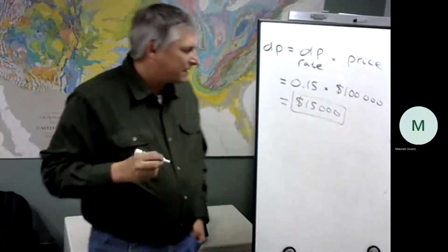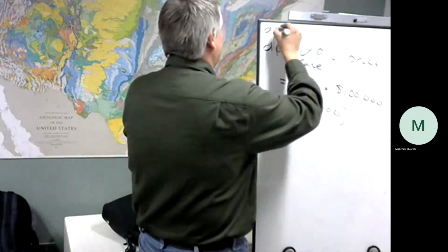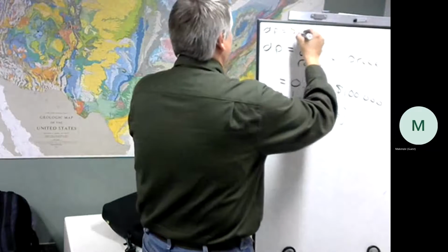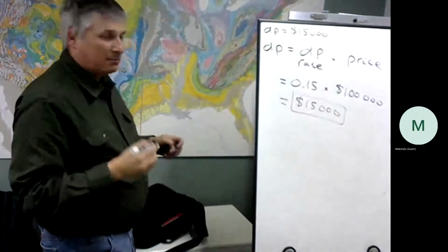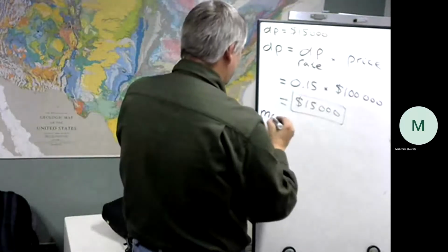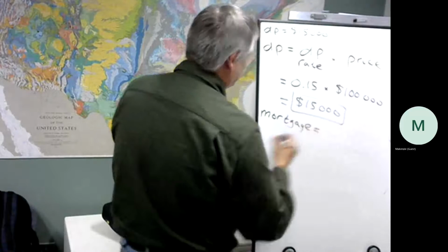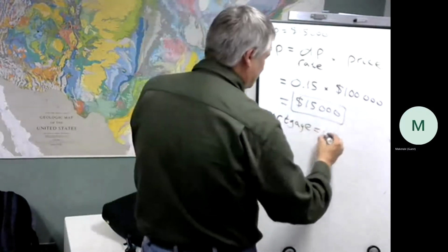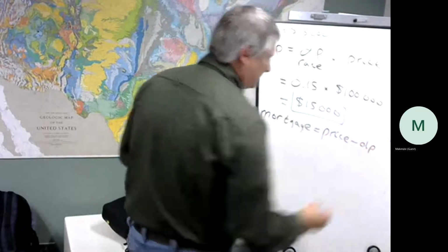Now, next we need to find the mortgage. I'm going to put this off to the side here. DP was 15,000. Now the mortgage, we're going to need this mortgage for a couple things. That's the price minus the down payment.